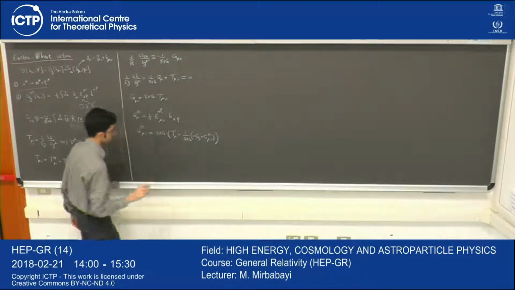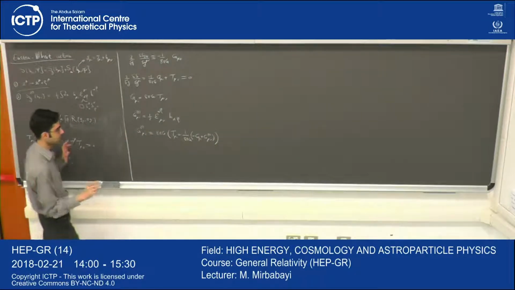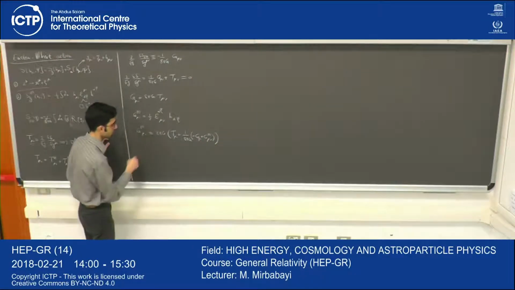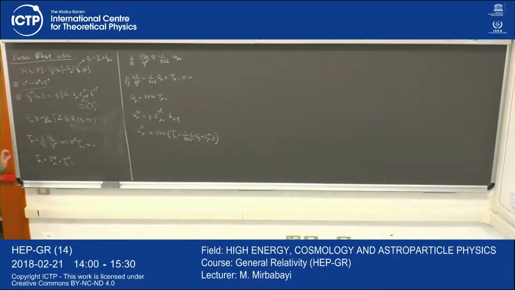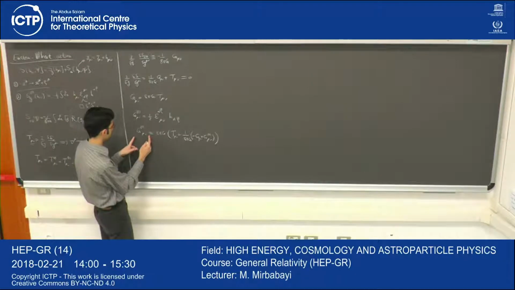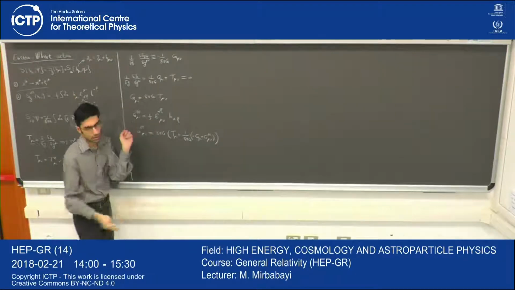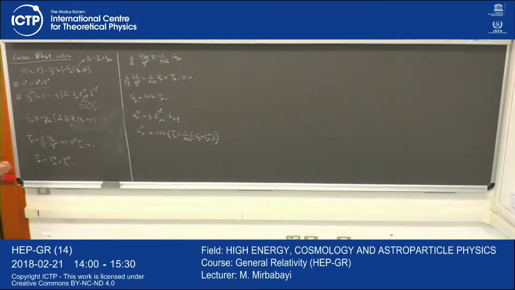So I didn't do anything, I just added and subtracted this G1. I isolated this G1 mu nu. Now, the left-hand side of this equation is basically the linearized equation for h mu nu that we had before.